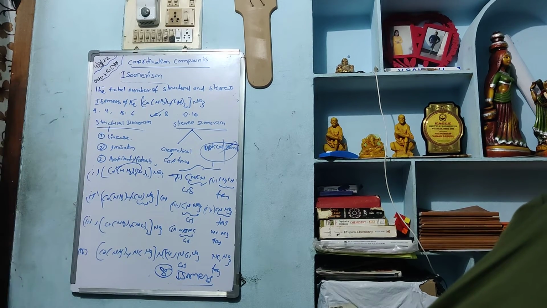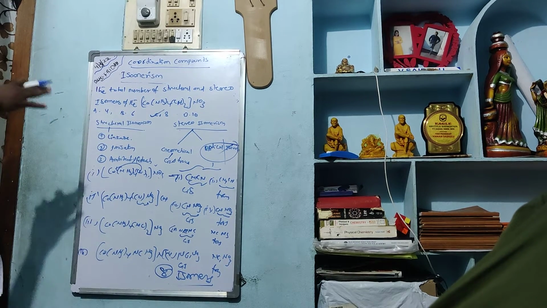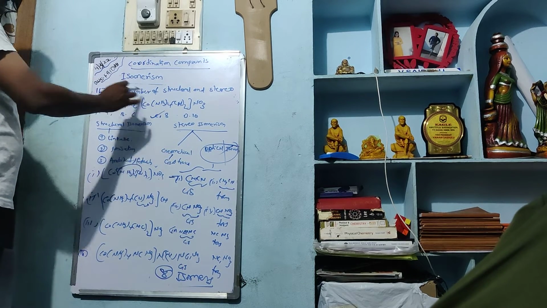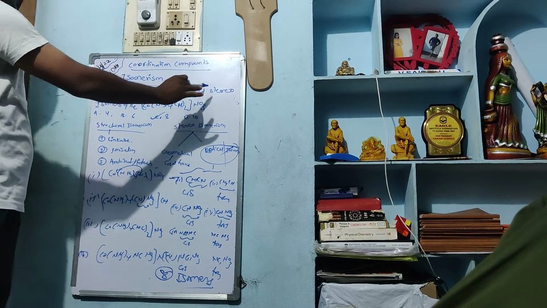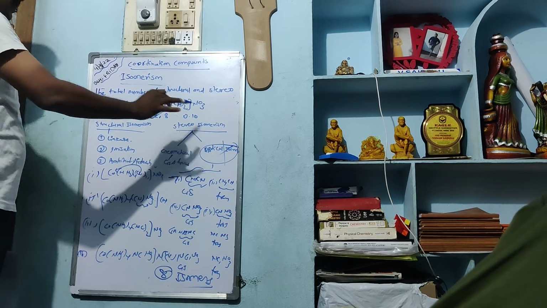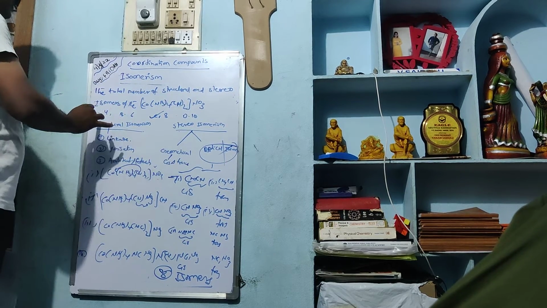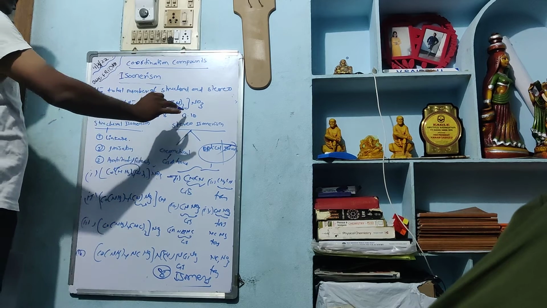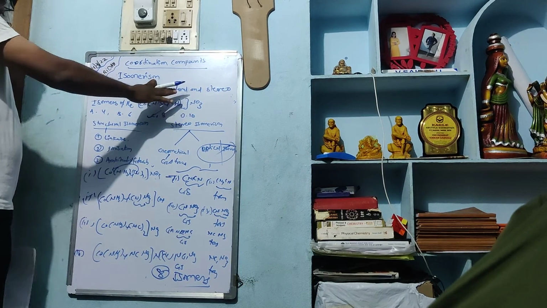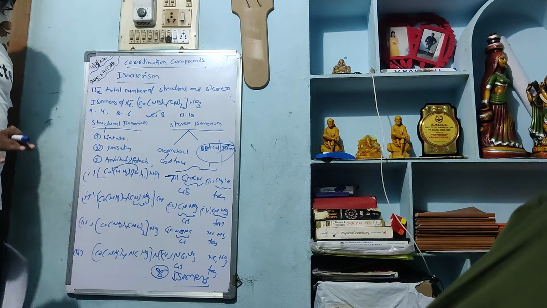Understood, students? Now one more time I will explain. The total number of structural and stereoisomers of the cobalt tetraammonium dicyanide NO3 complex: they have 4 options, A is 4, B is 6, C is 8, D is 10. Which option is correct? First, understand what structural and stereoisomers are.